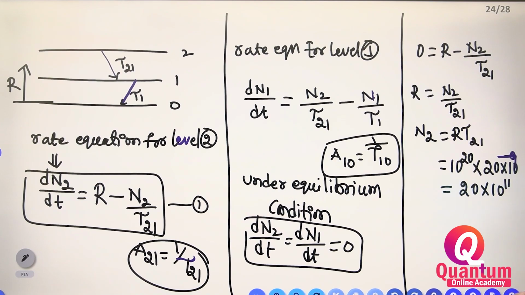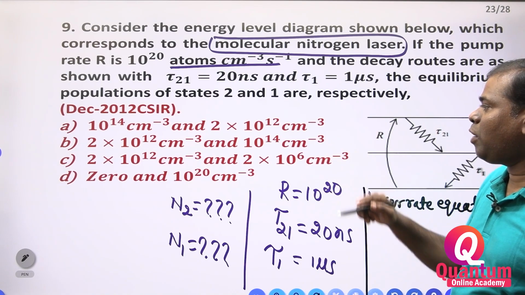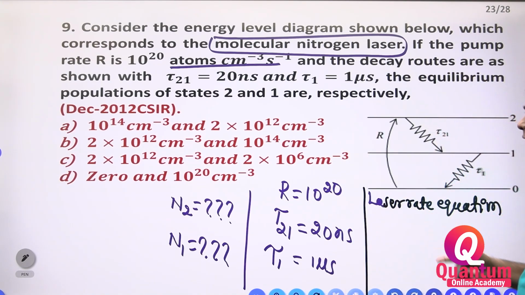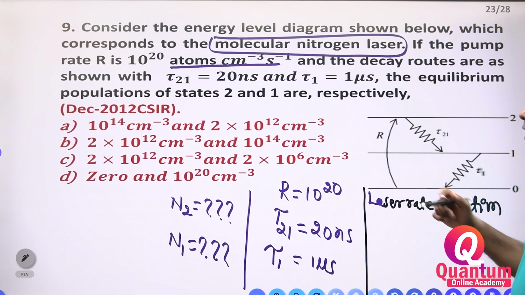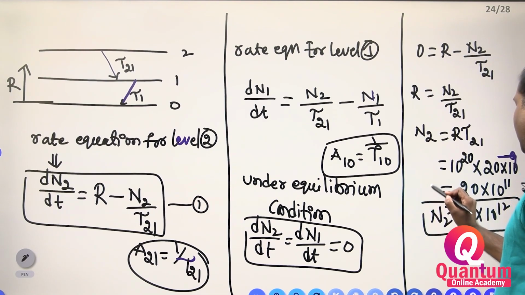But to match the option, I want to make it 2 into 10 to the power of 12. So this is the number of atoms in the energy level 2.